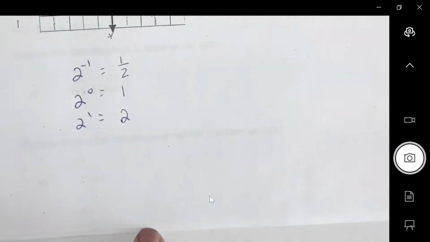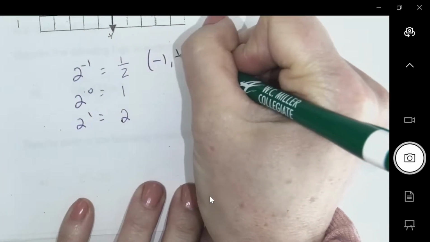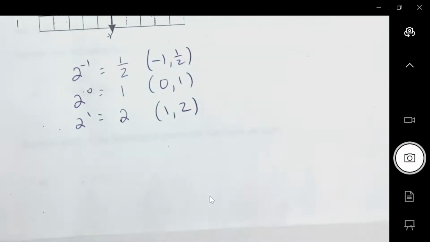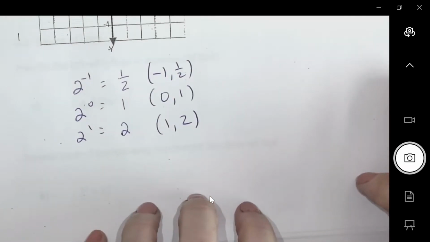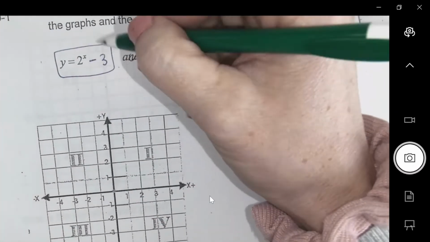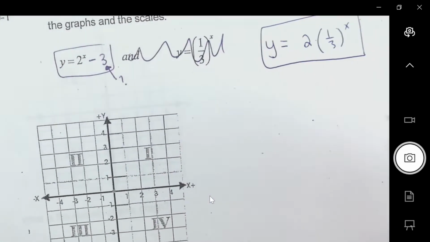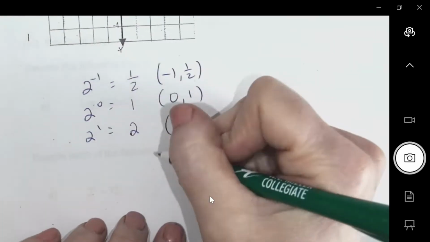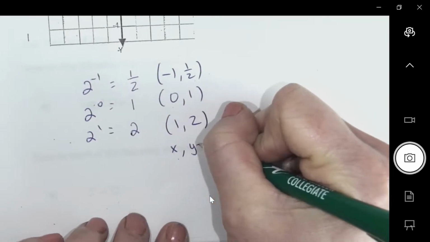Okay, so this is exponential, so these coordinates are... okay, now that I have 3 coordinates, what is this doing to it? Down 3, that's a D. So I'm going to go x comma y minus 3.